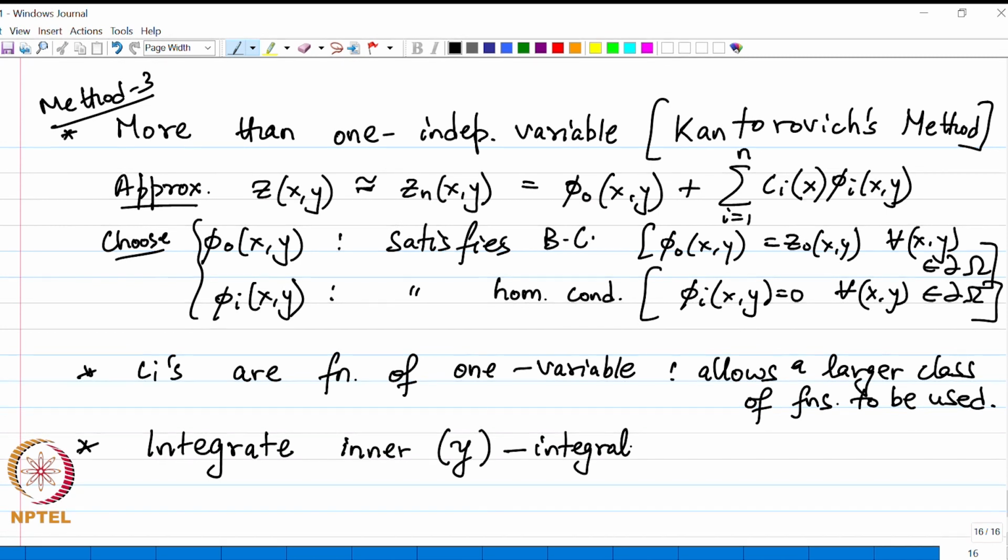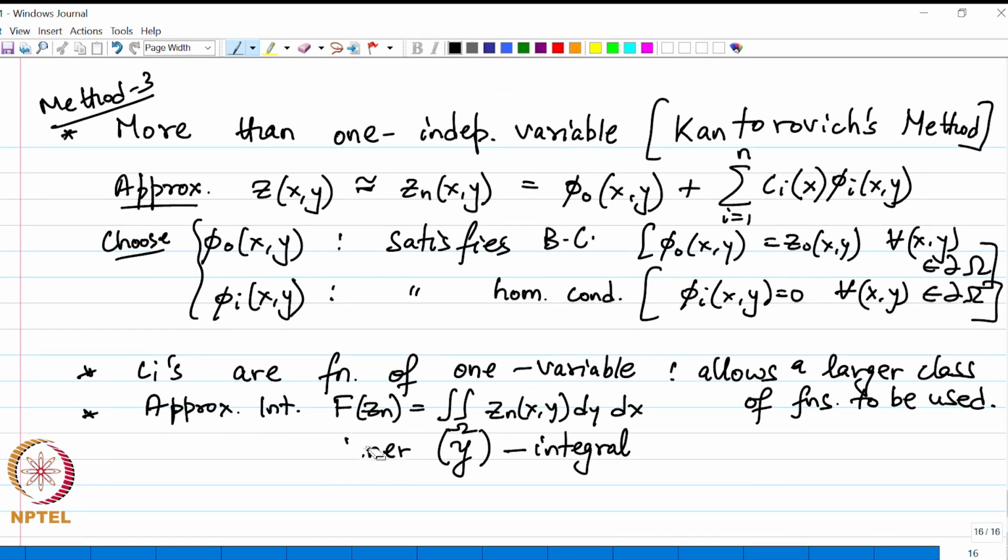Let me say my approximate integral is f of Zn. This is also equal to the double integral over the domain omega of F evaluated at Zn of x comma y, dy dx, right. So, we can easily approximate the y integral. We replace Zn with its approximation, and we see that this is going to give us the following.